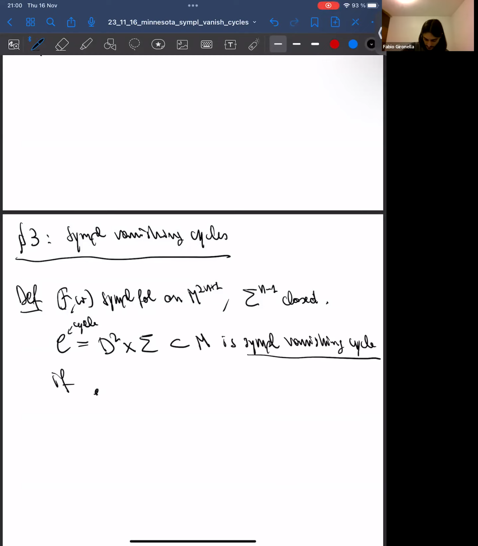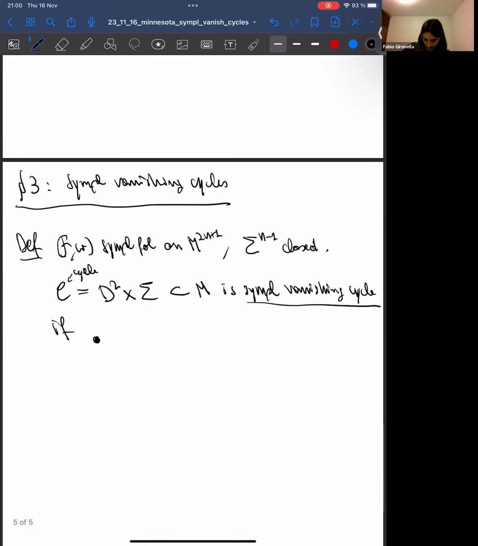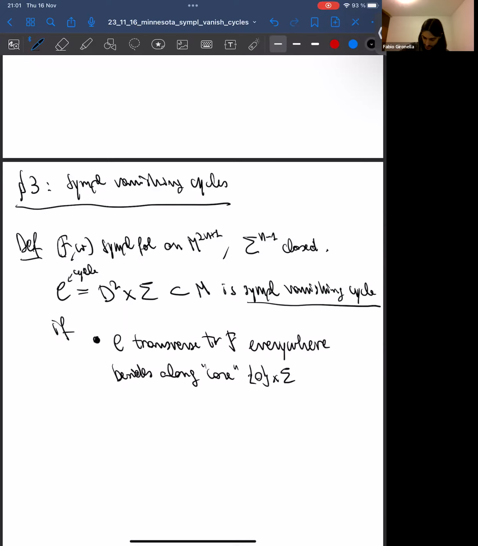First, we want this C to be transverse to the foliation everywhere besides along the core. The core just means the center of the disk times sigma.